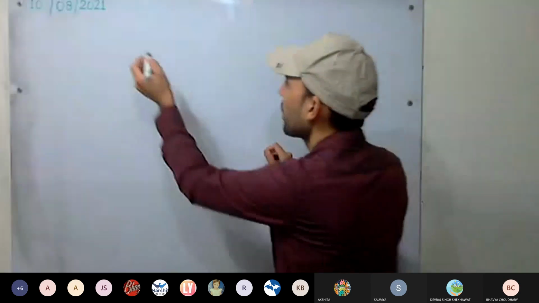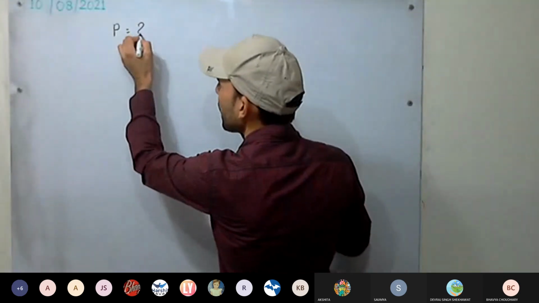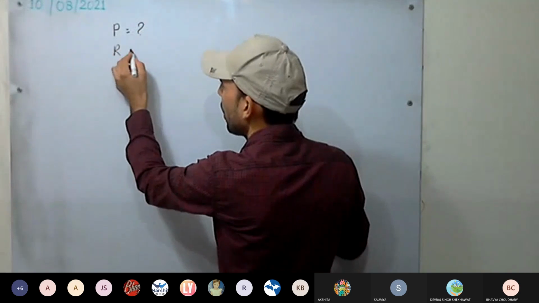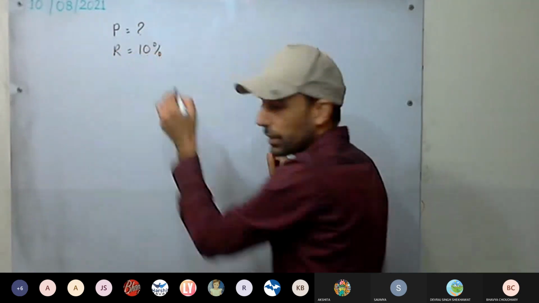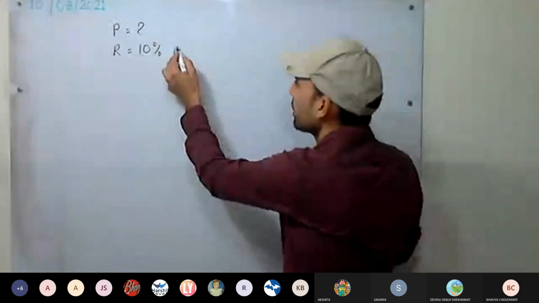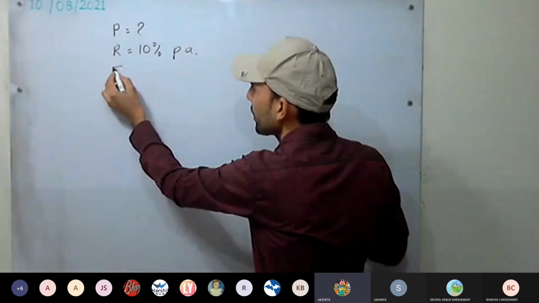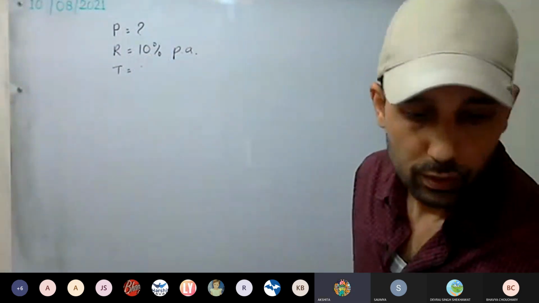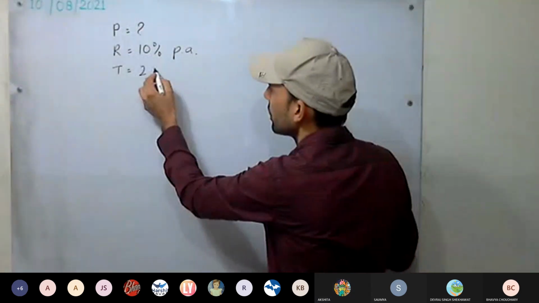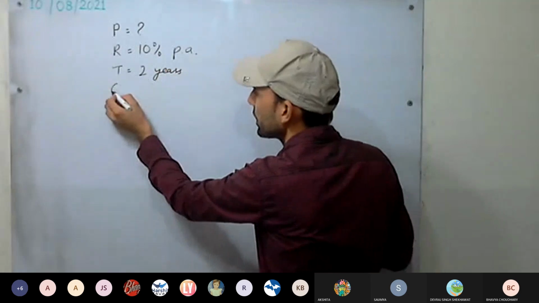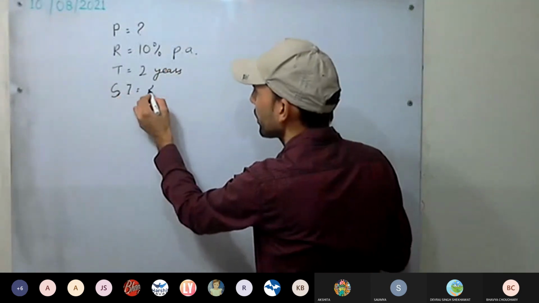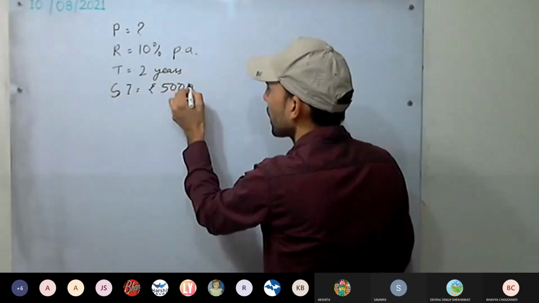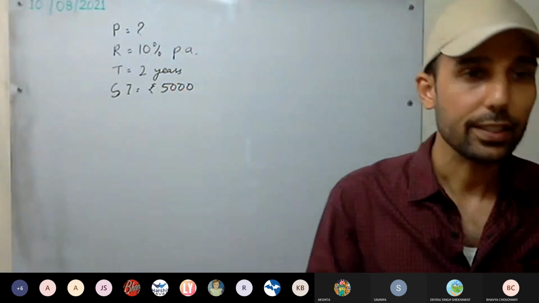There is some sum of money, the principal is not given, and the rate is 10% per annum, time is 2 years, and simple interest is rupees 5,000.